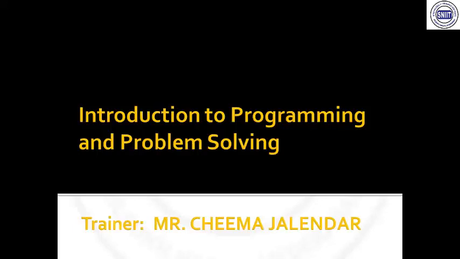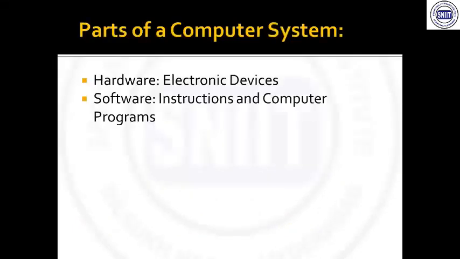Now, first of all, before introducing this programming language, what are the different things we need to know? First of all, most of you know the hardware and software concepts. In computers, when we are writing a program, that program will interact with the hardware components. The best example is ATM machines, automatic teller machines, right?